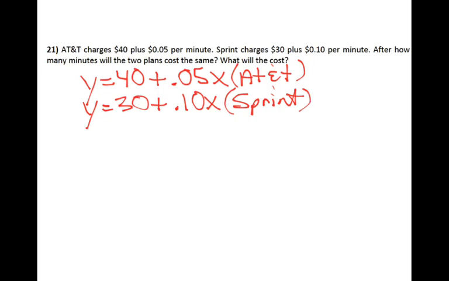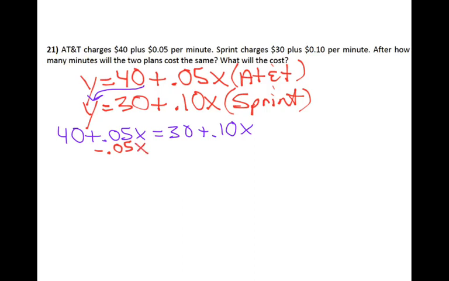Okay, this one's really good to solve by substitution. So we take this y value, put it in the second equation, solve for x. So 40 plus 0.05x equals 30 plus 0.10x, and then just solve for x. So subtract the smaller number, subtract 0.05x from each side.